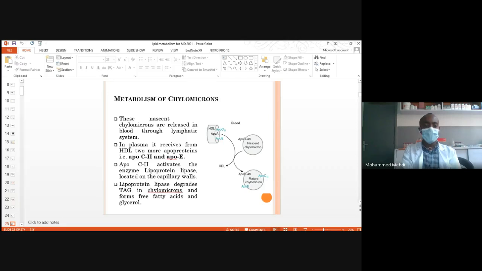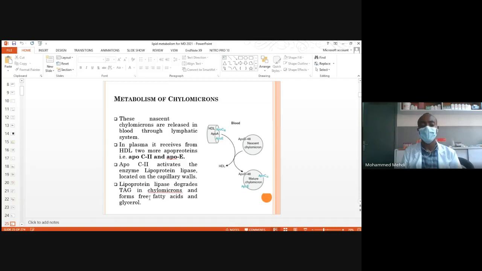Okay, this activates the lipoprotein lipase enzyme. So lipoprotein lipase degrades the triacylglycerol in chylomicron, forming free fatty acids and glycerol. Free fatty acids will be taken up by metabolically active tissues like muscle.